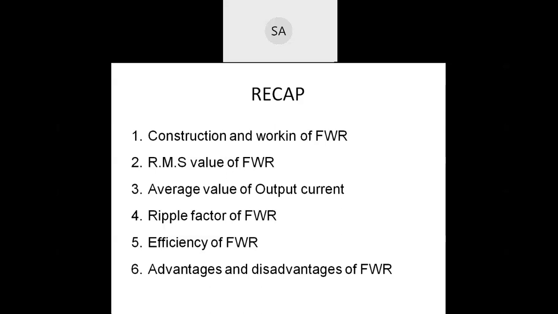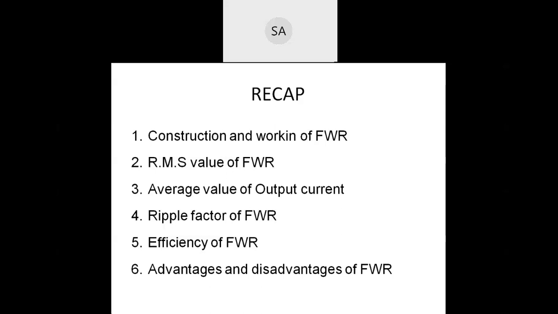wave rectifier. In the construction and working of the full wave rectifier, it consists of two diodes compared to the half wave rectifier, one transformer, and one load resistance. The load resistance is connected across the secondary of the transformer in the center tapped mode.